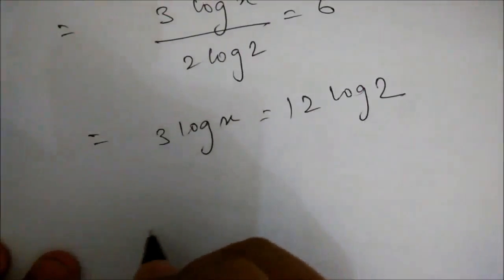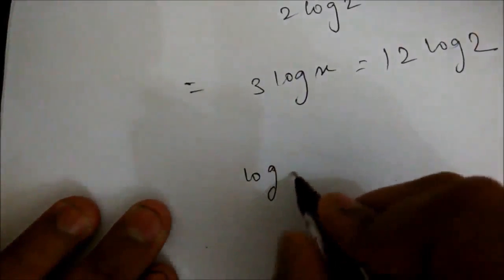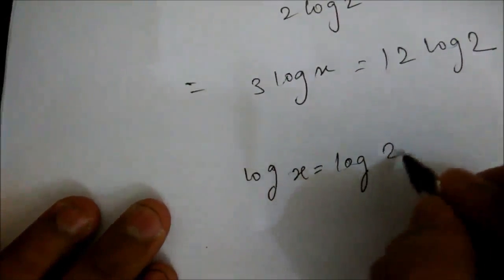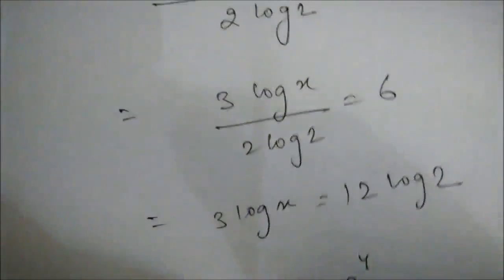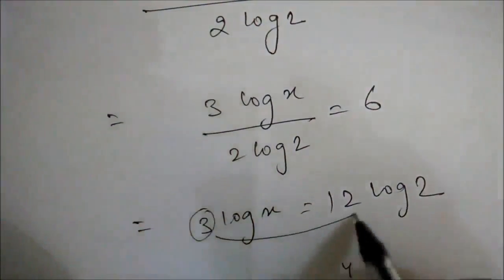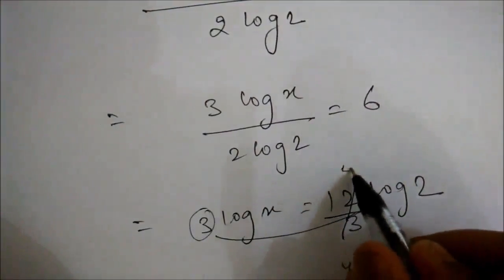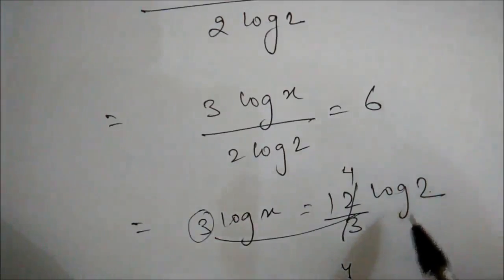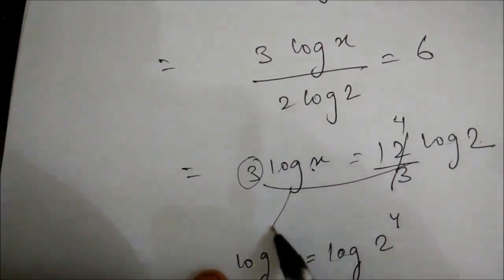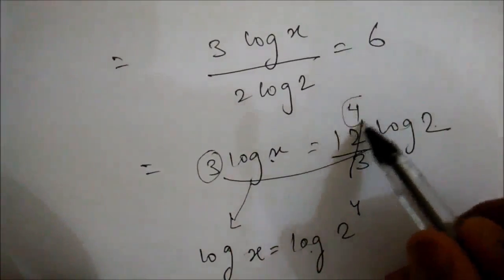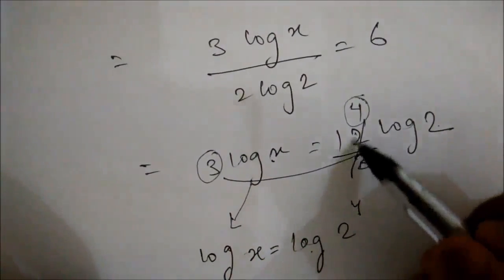Now we can solve this as log x is equal to log 2 raised to 4. How did we get this? This log x remains as it is. This 3 gets transferred here, that is divided by 3, and this gets cancelled, that will be 4 log 2, right? So I wrote the log x as it is, and this 4 that we got after cancelling 3 and 12, that is 3 4s are 12.